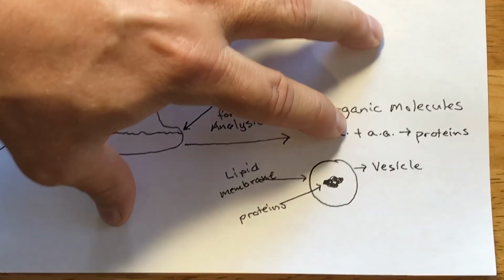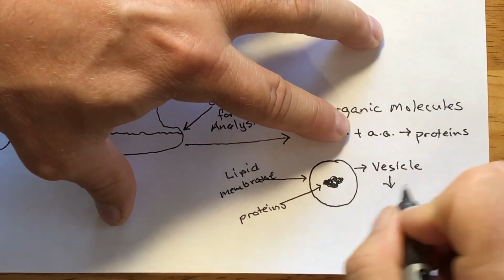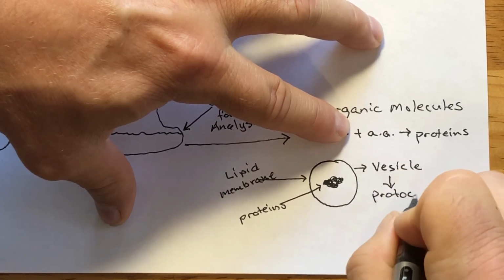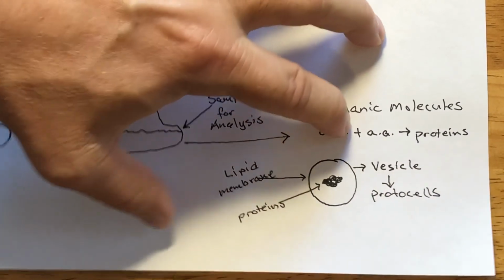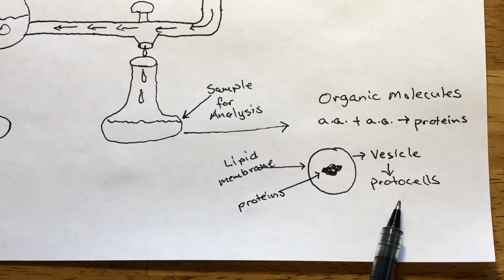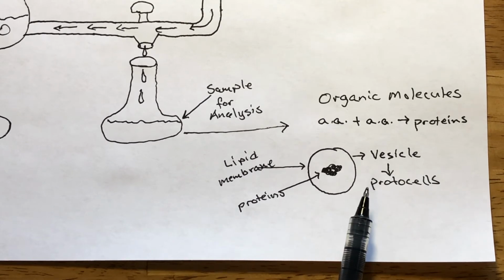And then these vesicles becoming a little bit more complex and forming what are called protocells. Protocells are not considered living, and so the protocells are abiotic. And so we're looking at this possible explanation for life evolving under these primitive conditions in a reducing atmosphere.